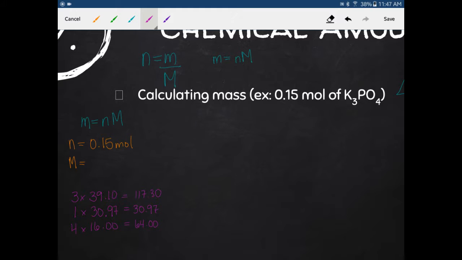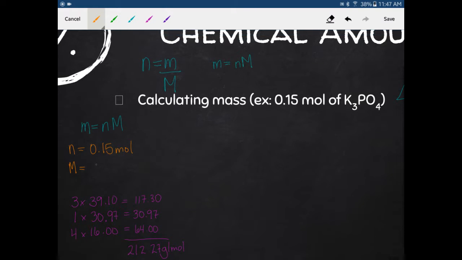So when I add these all up together, I get a total of 212.27 grams per mole. Plug that right into here.